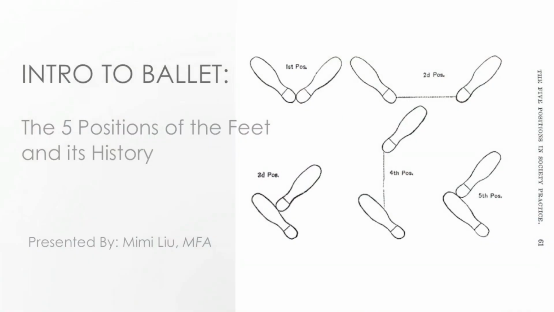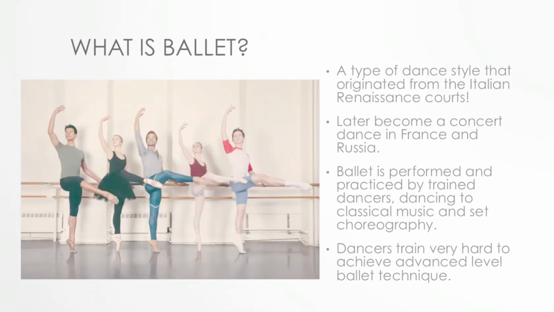Hi everyone, welcome to Introduction to Ballet, and today our topic will be the 5 positions of the feet. And we will also briefly touch upon the history of ballet and where these positions originated from. For those of us who might not have even heard of ballet before, ballet is a type of dance style that originated from the Italian Renaissance courts.